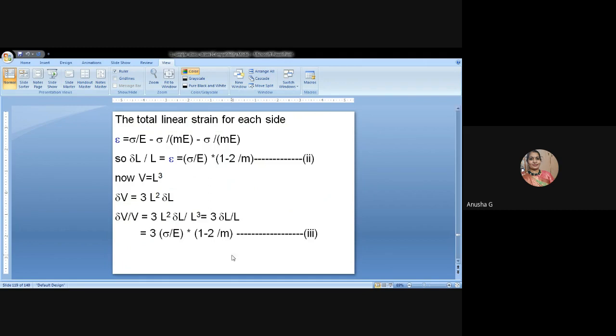Here you can consider the change in length: strain is the change in length by original length, which equals sigma by E into 1 minus 2 by m. Now, the volume is length into breadth into height. In this condition, this will be 3 times sigma by E into 1 minus 2 by m. This is one of the formulas that has to be considered here.